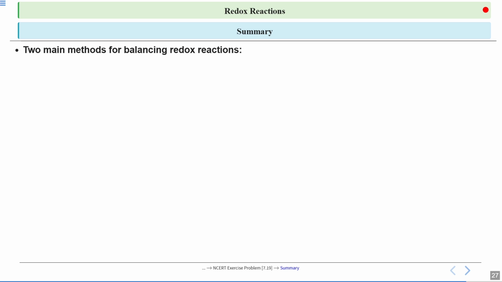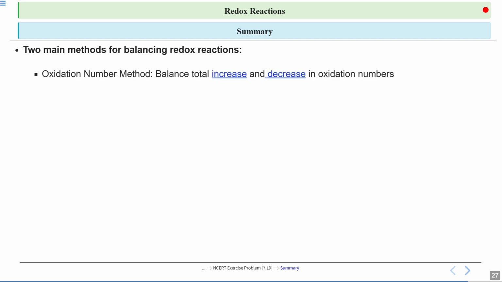So now the summary. In this lecture, we have covered the balancing of redox reactions. In the starting of the lecture, I told you that there are two main methods for balancing redox reactions.